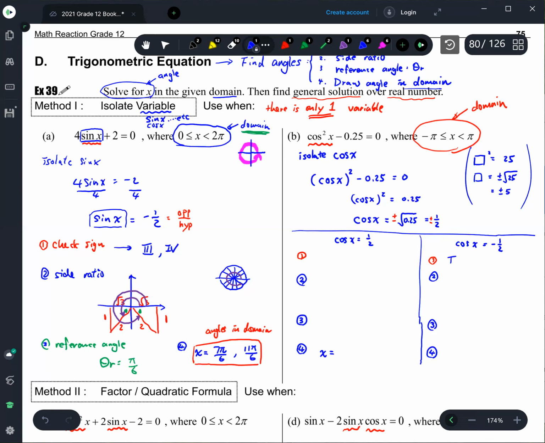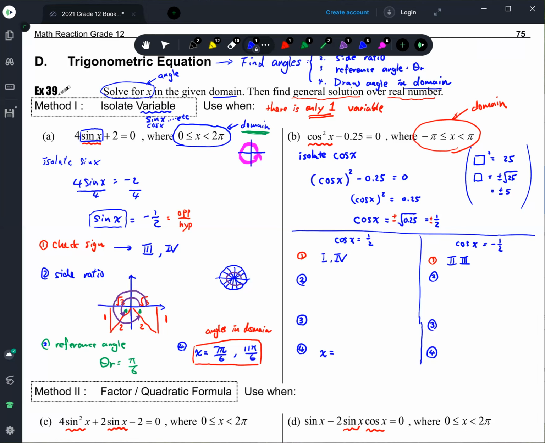That's right. So 2 and 3 for cosine negative. For cosine positive should be quadrants 1 and 4. Please just complete the left side first. We'll check the answers before you move on.